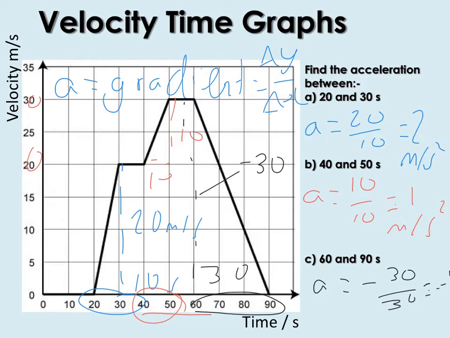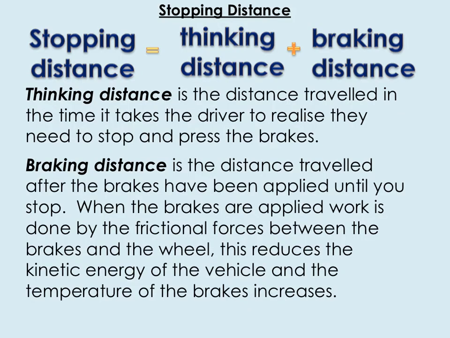So it's equal to minus 1 meters per second squared. And the way that we've calculated the gradients there to find the acceleration, remember that if this was a distance time graph instead, then we'd be able to work out velocity by doing the gradient calculation in the same way that I've shown you here.